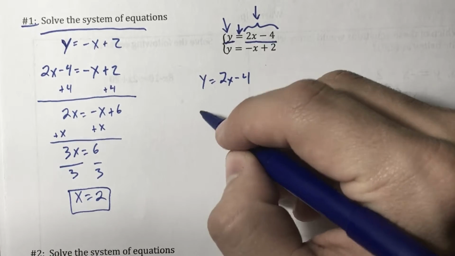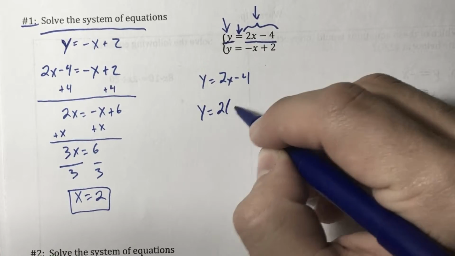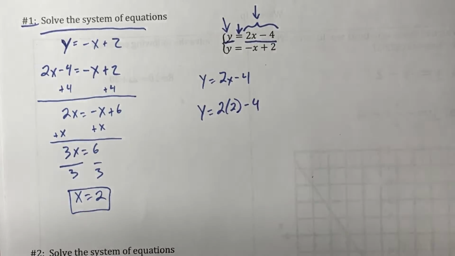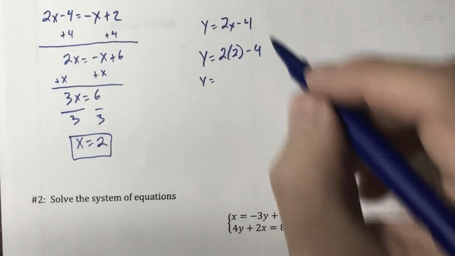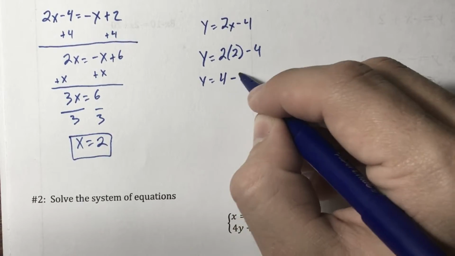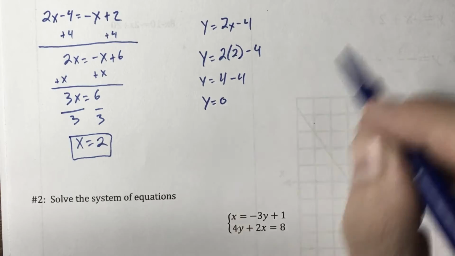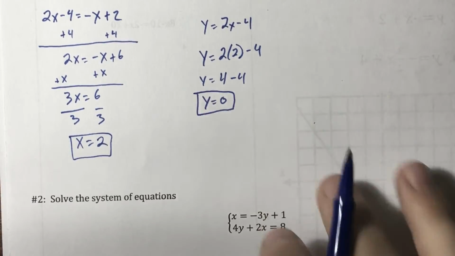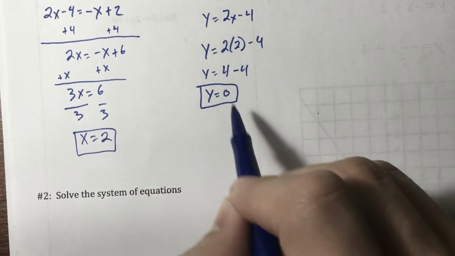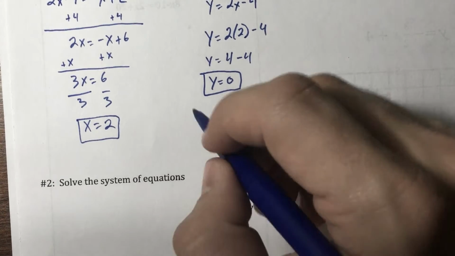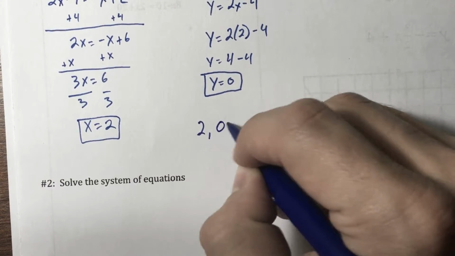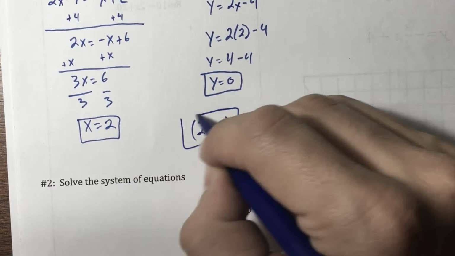So we can rewrite this equation as y equals 2 times 2 minus 4. Now we can evaluate. 2 times 2 gives us 4, minus 4. We get y equals 0. So now we have the value for x and the value for y. We can write our final answer as the coordinate (2, 0).